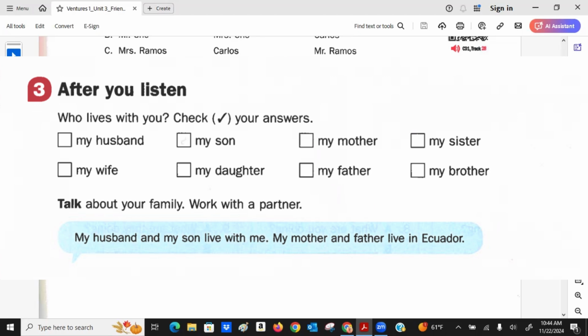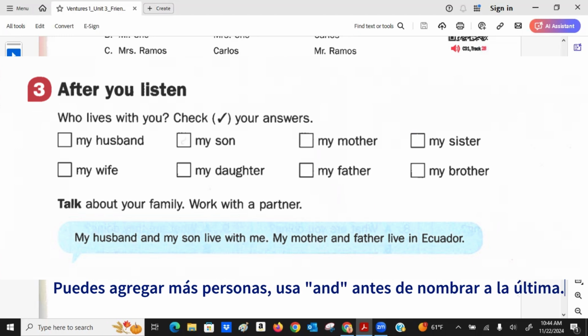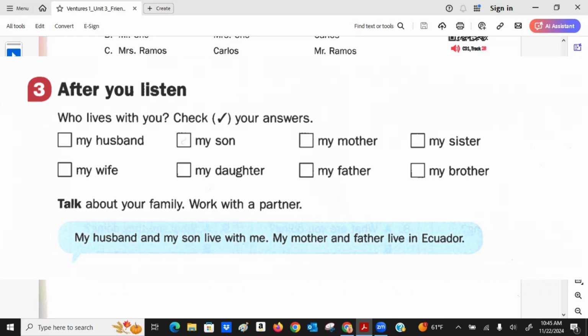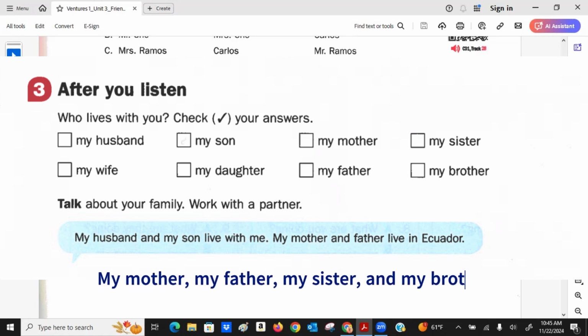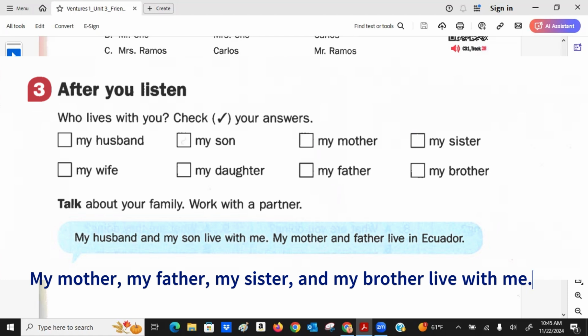Okay, this is when you have two or more people. You can list more people, and you're going to use and when you name the last one. For example, you can say, my mother, my father, my sister, and my brother live with me.